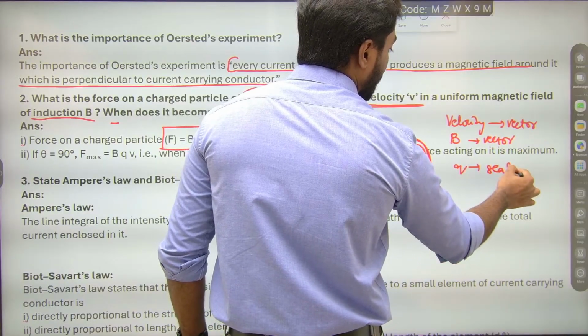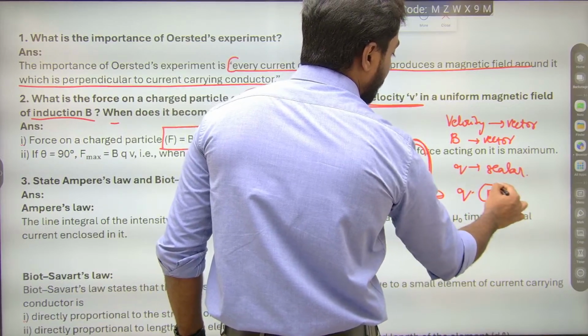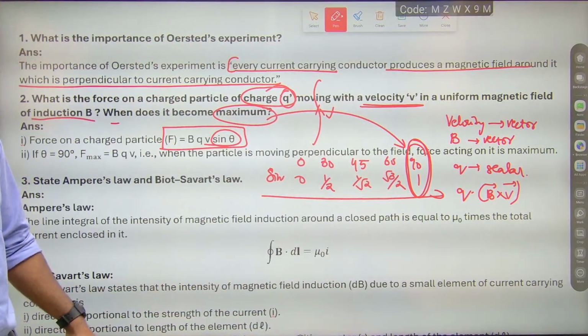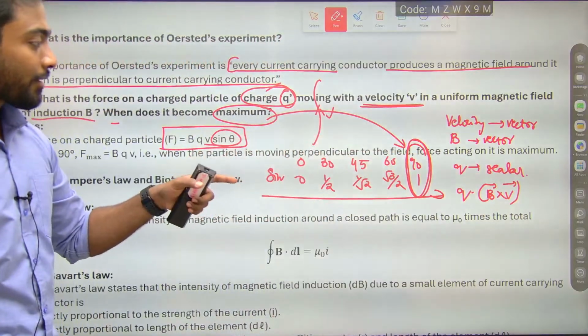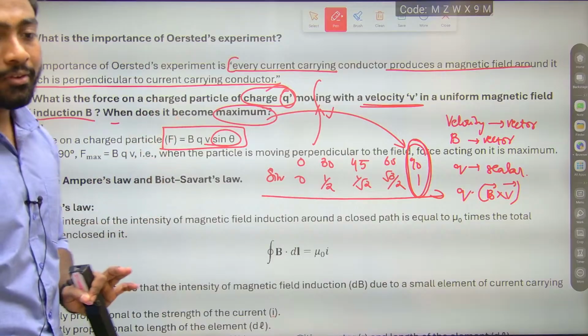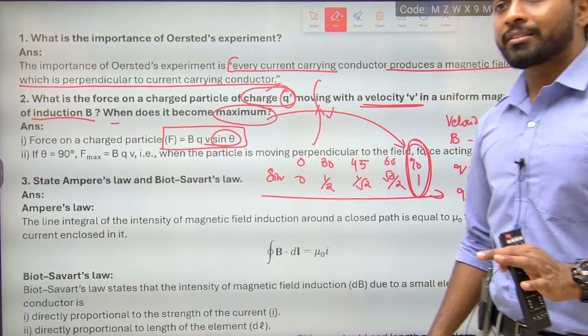So the force is q into B cross V. If the angle between B and V is 90 degrees, then the force will be maximum. That's what the second question is telling.